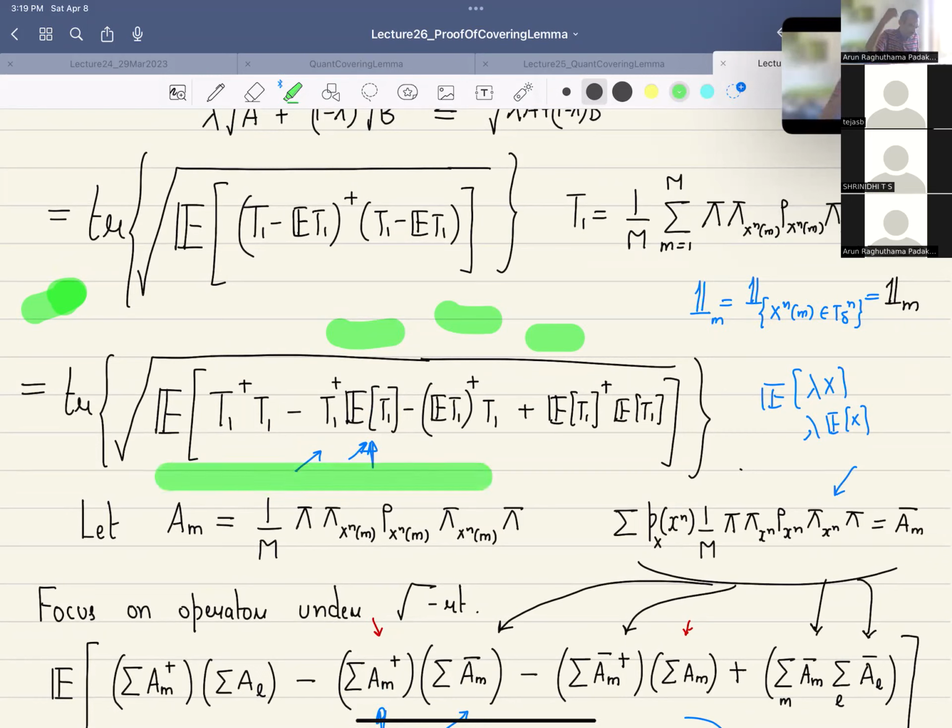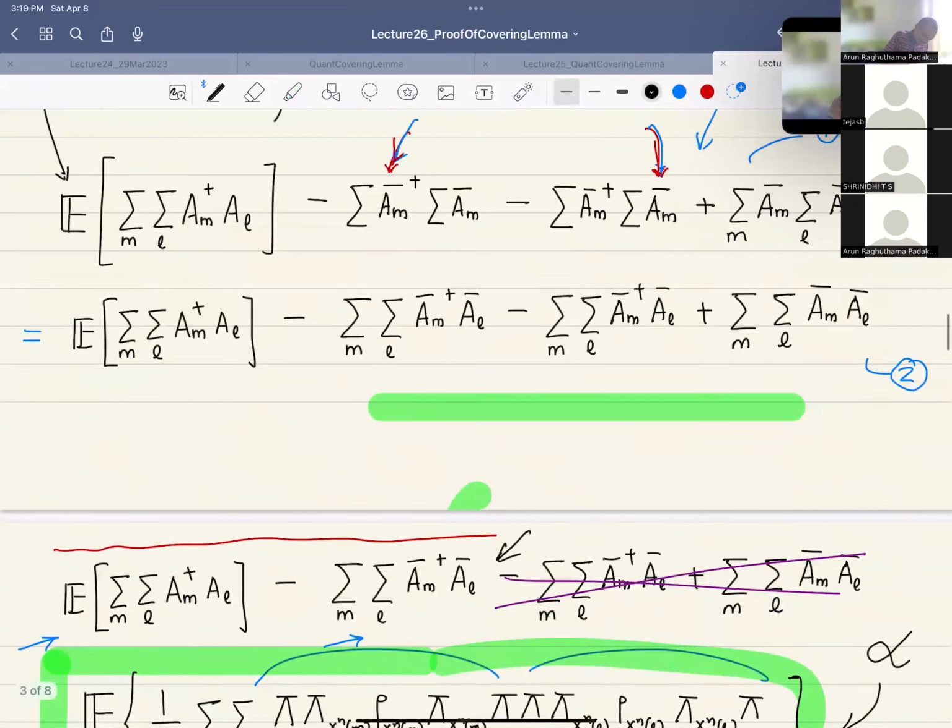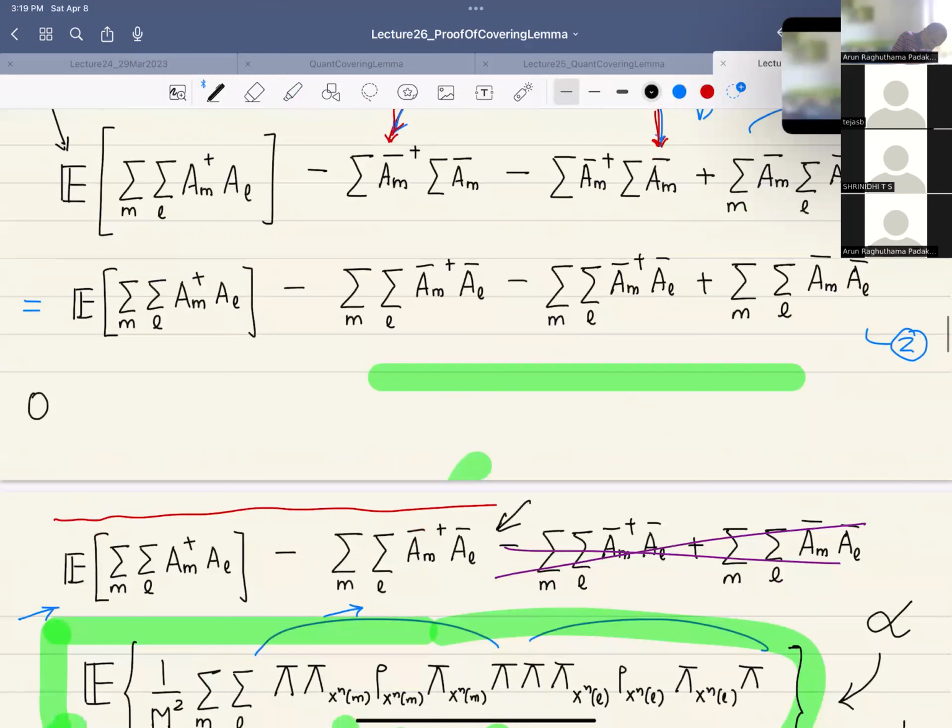We are banking on the fact that the square root is operator monotone. This is one important point. I stated it last time. So if 0 is less than or equal to a, which is less than or equal to b as operators, then root a is less than root b.